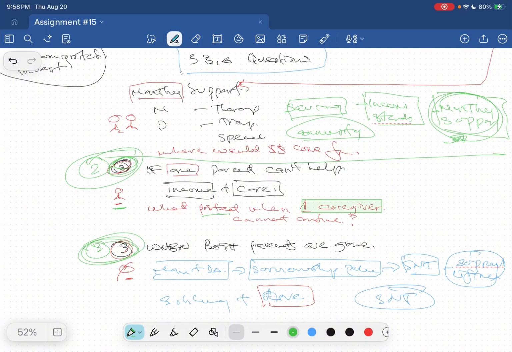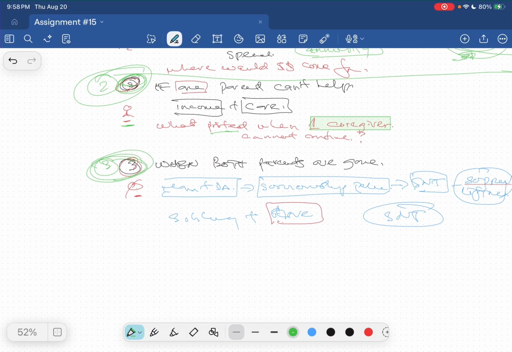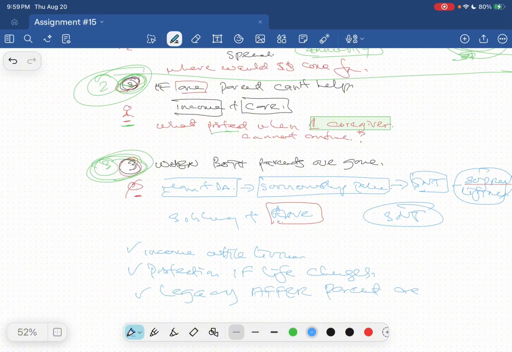And then, income while living, protection if life changes, and legacy after parents are gone.